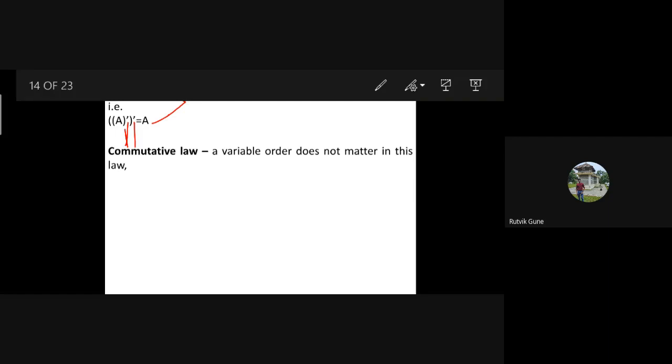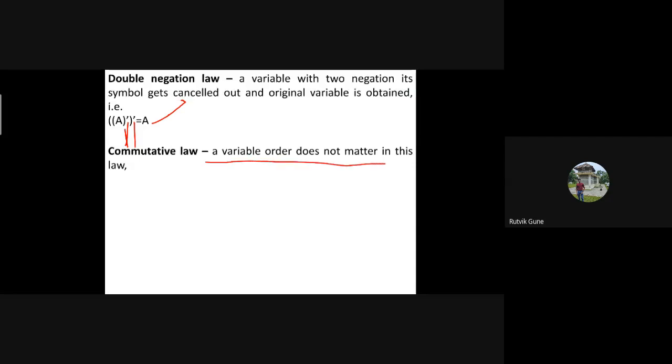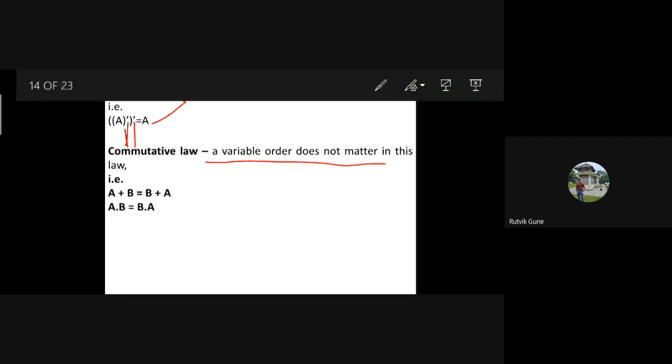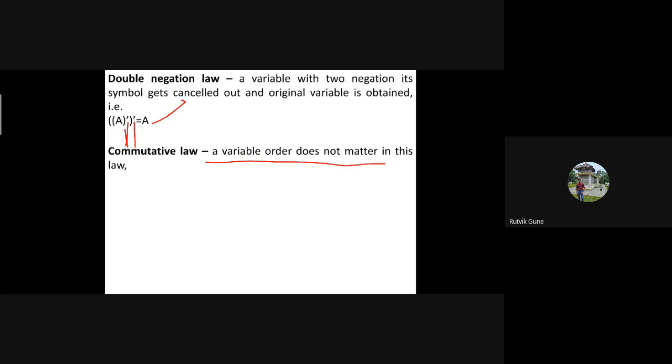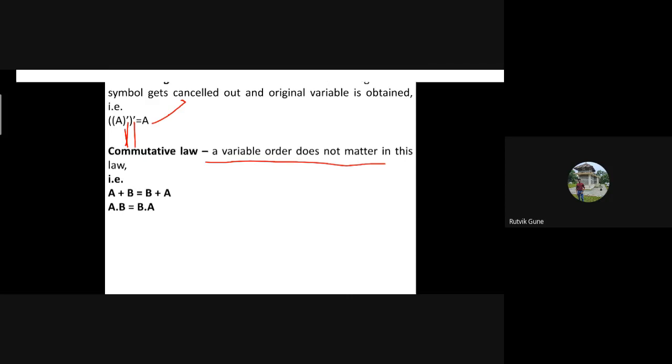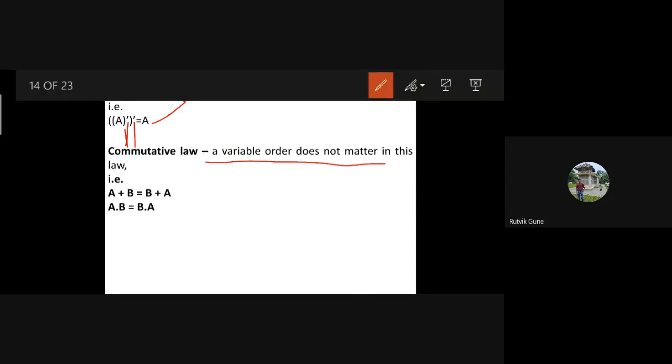It means A plus B is equal to B plus A, and A ANDed with B is equal to B ANDed with A. It is as good as 2 into 3 or 3 into 2. This is your commutative law.